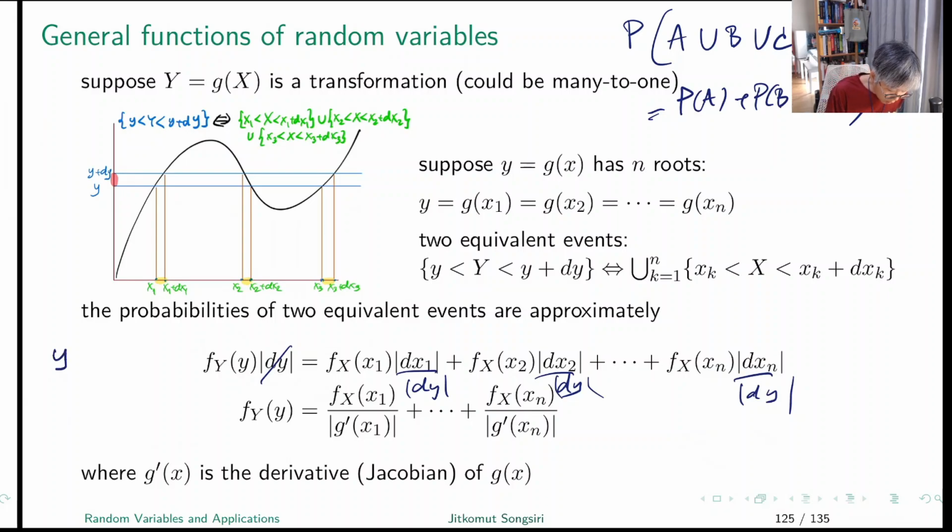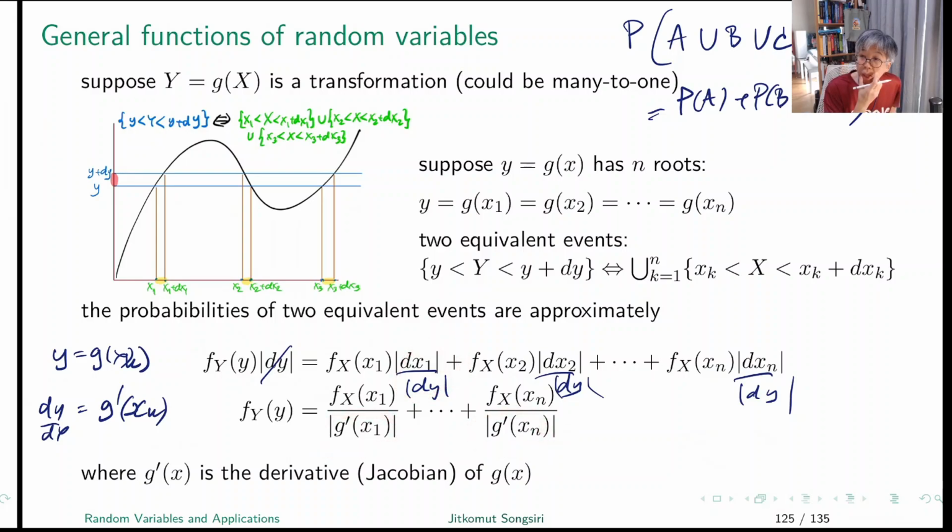And because Y is g(X), this given Y is an output value of the function g at each of the roots xk. So dy by dx is simply g prime of x, evaluated at xk. And that's why this expression is expressed like this.